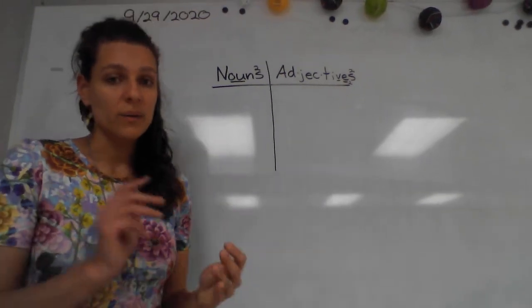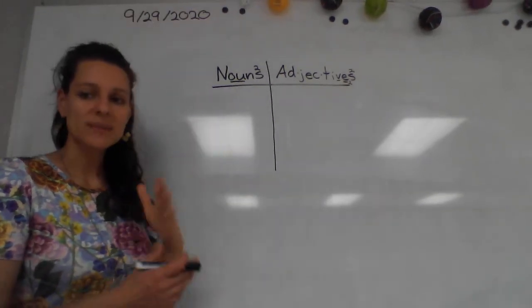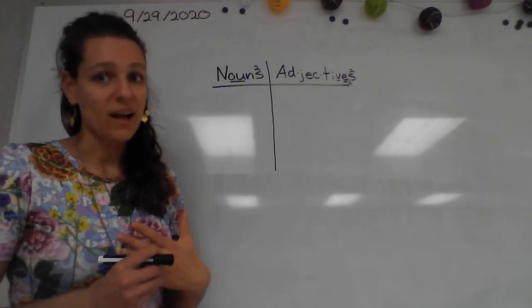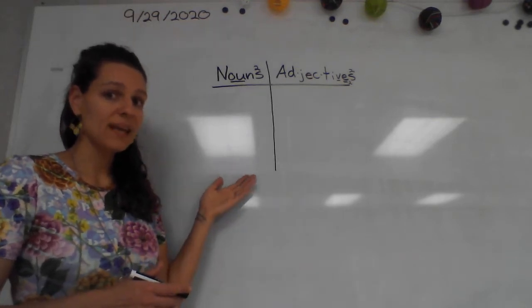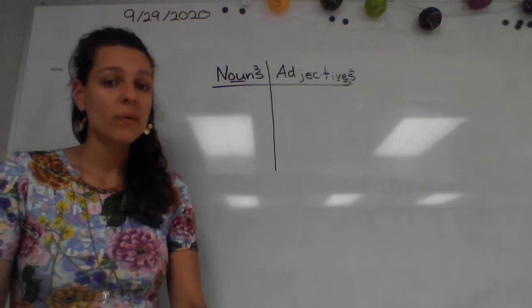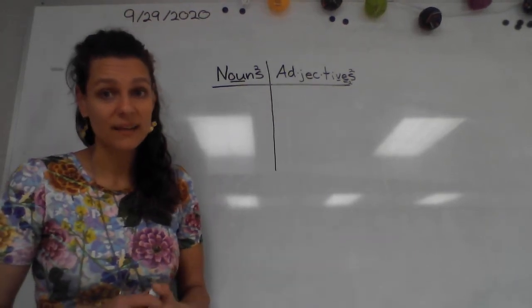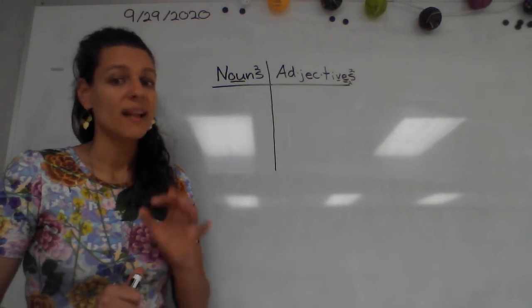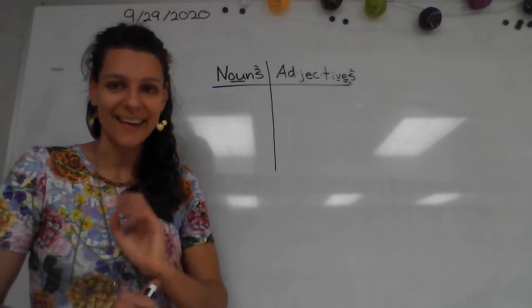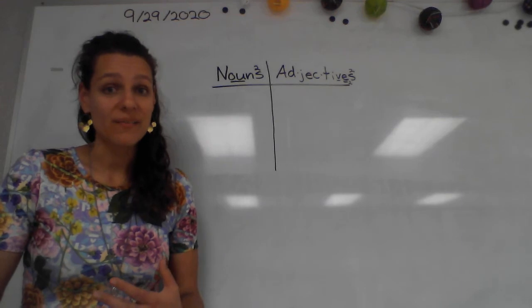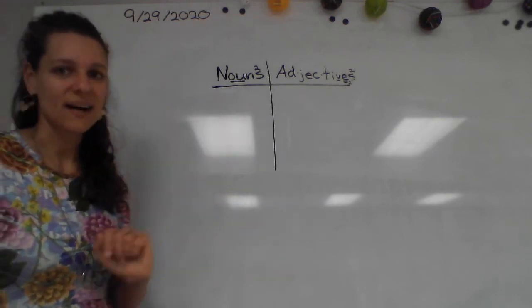So I want you to make these two columns on your paper. All right, so we'll write family in the nouns column. Before you write it, which E do we use in family? Nice work if you said ya, I-E. All right, write family in this nouns column.